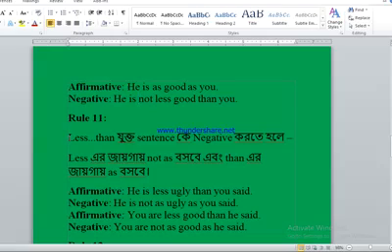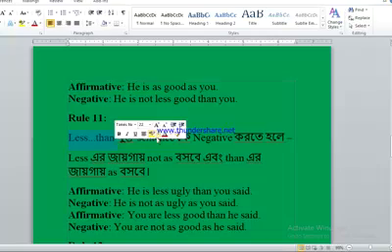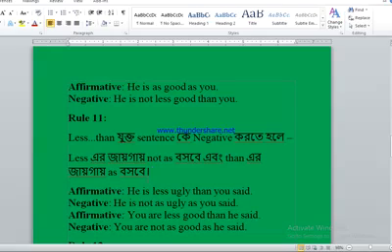Rule number 11. Less than, changing to a negative sentence. However, we can change a less than affirmative sentence to a negative sentence. Let's see.